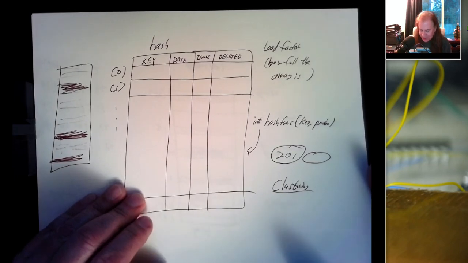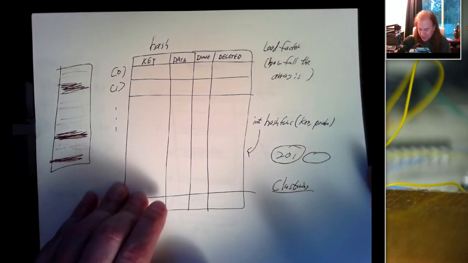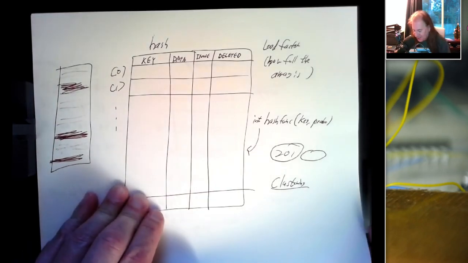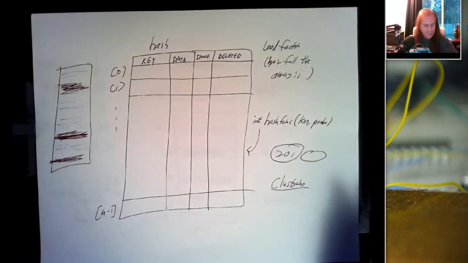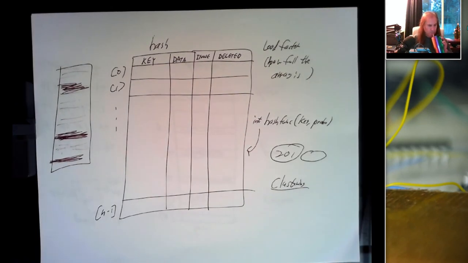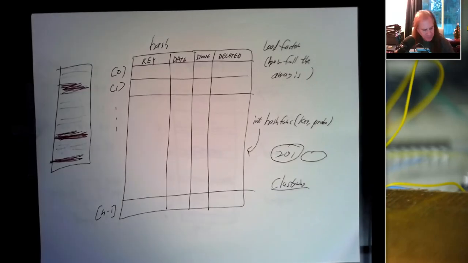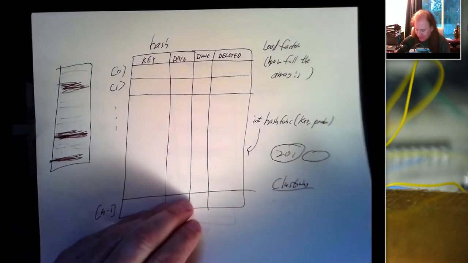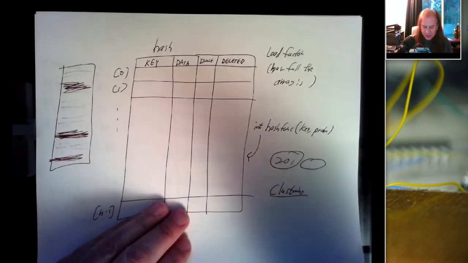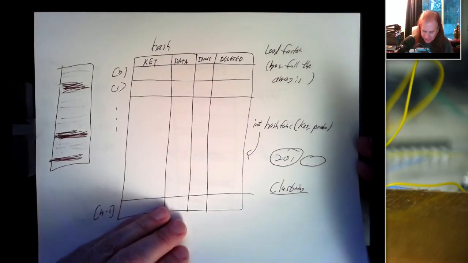So understanding the nature of your data can make a big difference in terms of choosing a hash function. All right, so that's the basic mechanics of hash tables and associative arrays. And we'll get some practice implementing these.